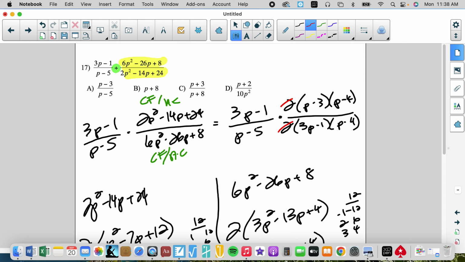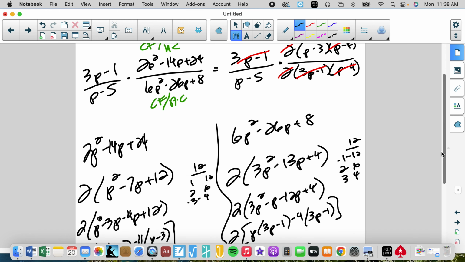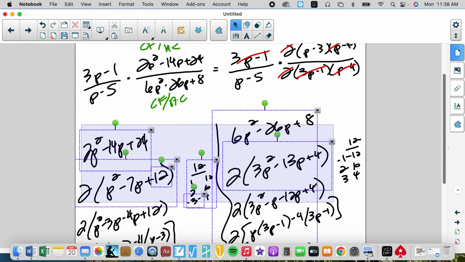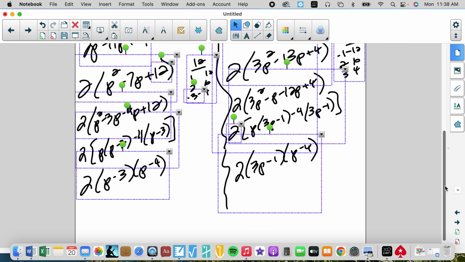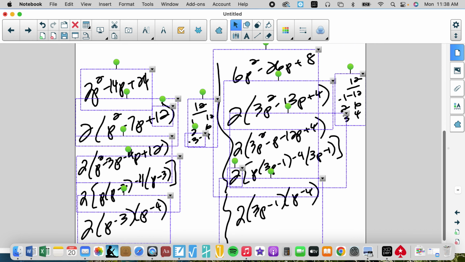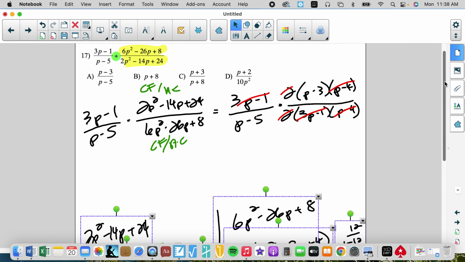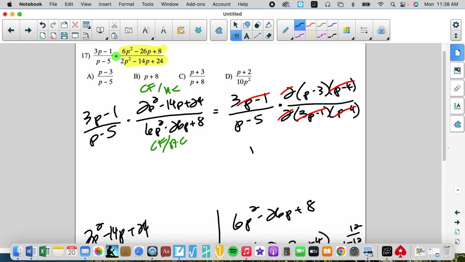The 2's cancel. 3p minus 1, p minus 4. And that leaves us with p minus 3 over p minus 5. We can move that down a little bit. Let's see if we can create some space here. So that leaves us with p minus 3, p minus 5.